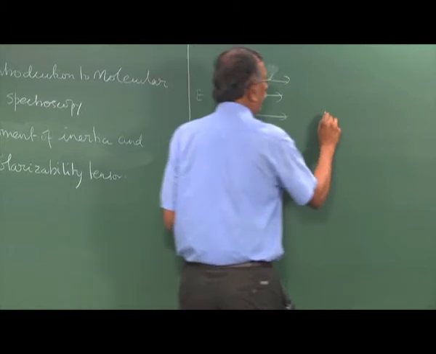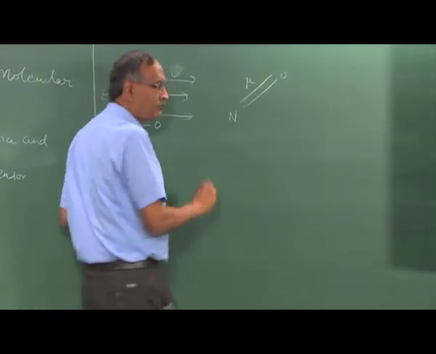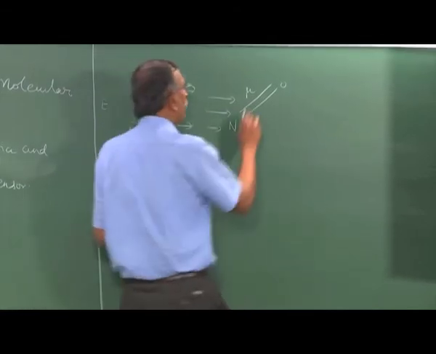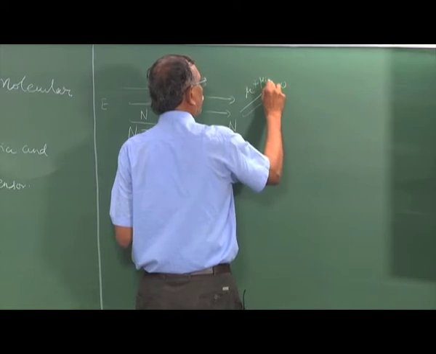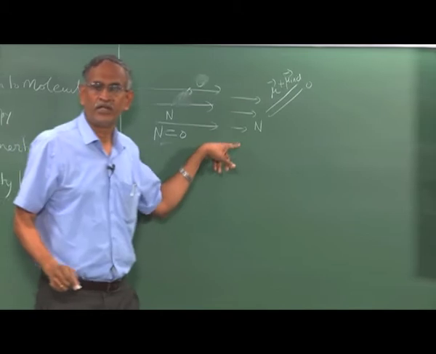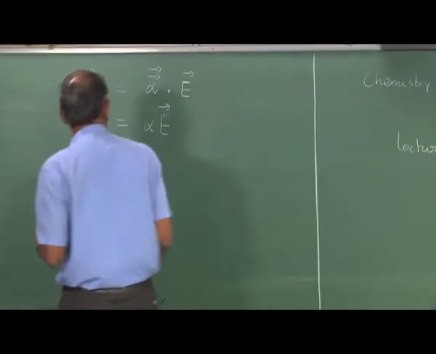So, if I have to write N double bond O, there is a mu, and now if this molecule is in the electric field E, there may be additional induced dipole moment, and that may not be in the direction of the electric field, and therefore you have this quantity called the second rank tensor.